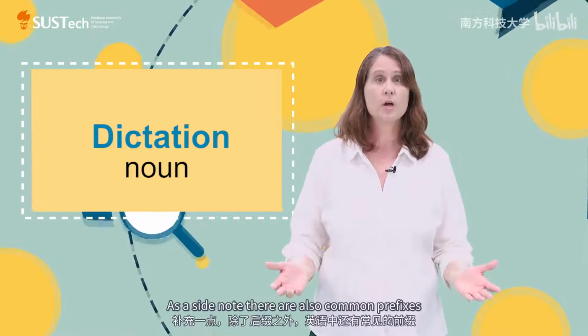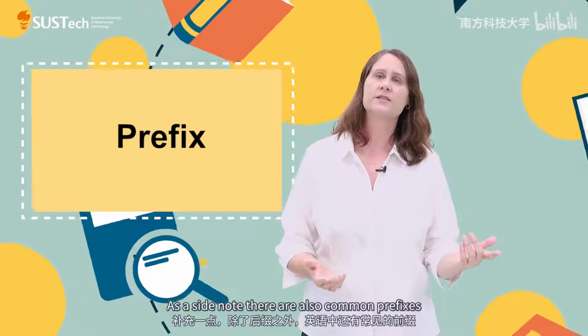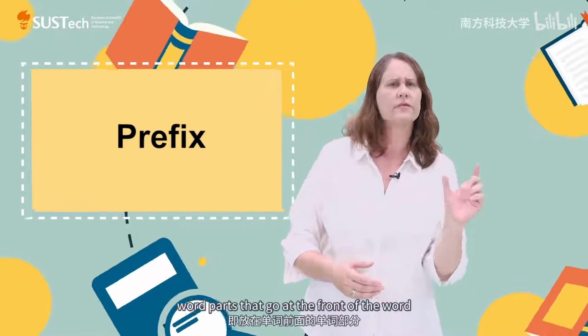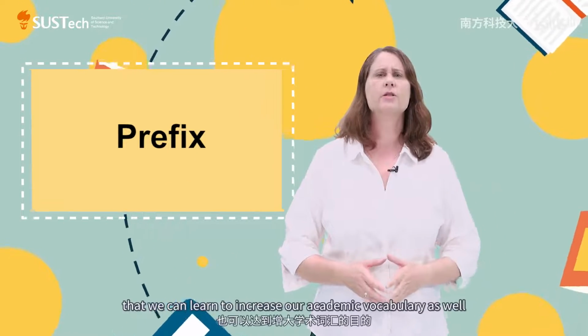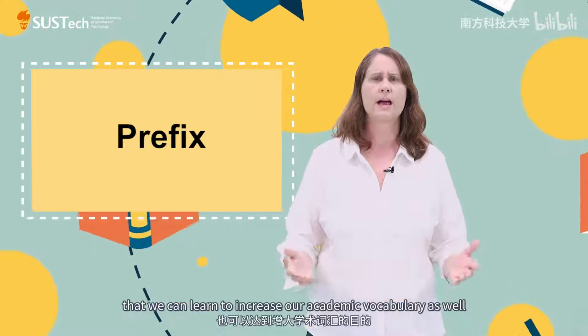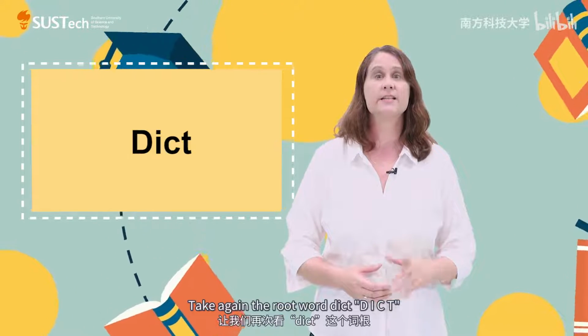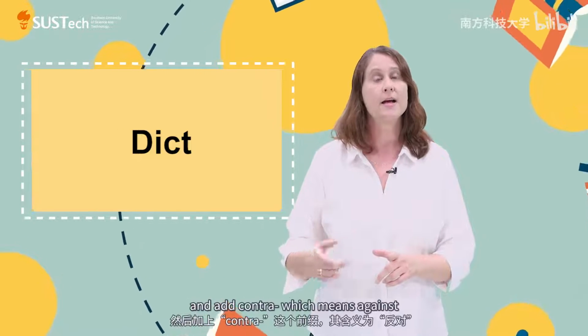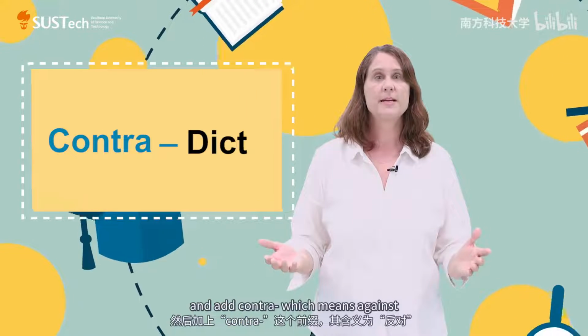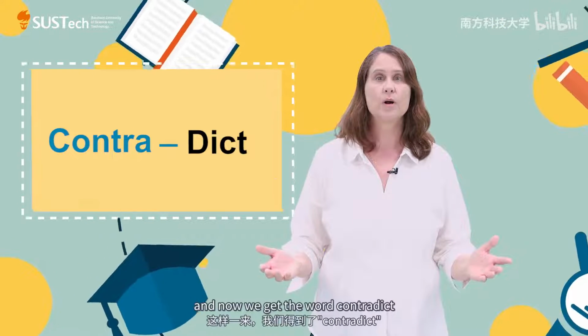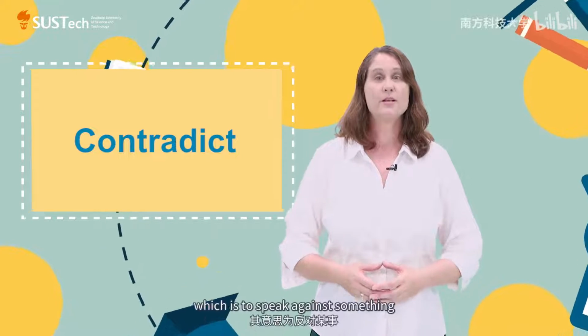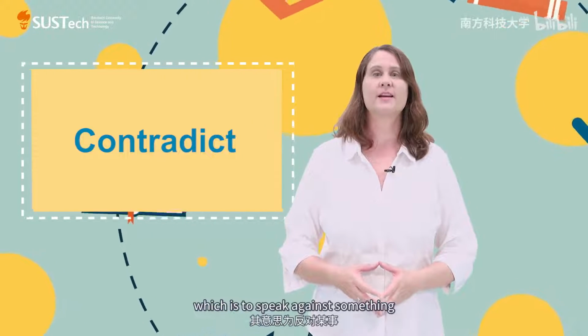As a side note, there are also common prefixes, word parts that go at the front of the word, that we can learn to increase our academic vocabulary as well. Take again the root word dict, D-I-C-T, and add contra. This means against, and now we get the word contradict, which is to speak against something.